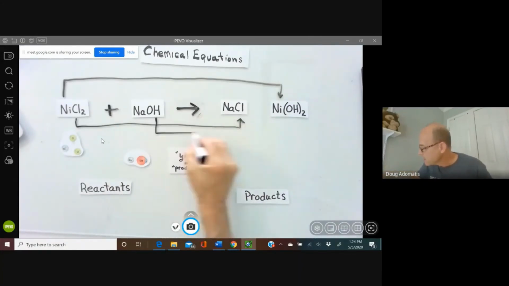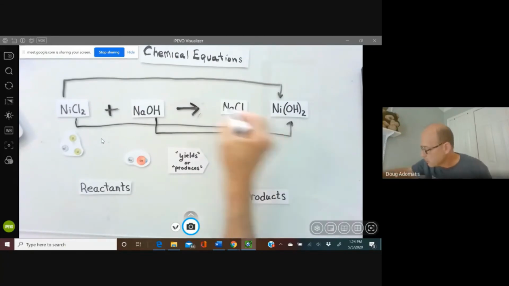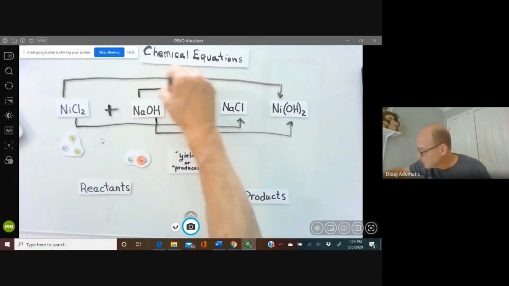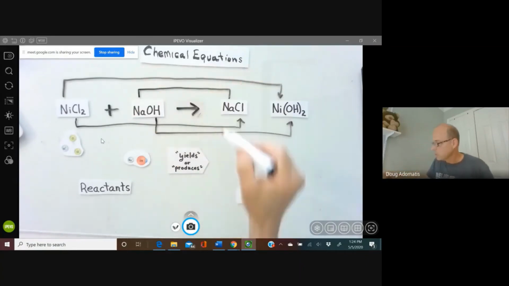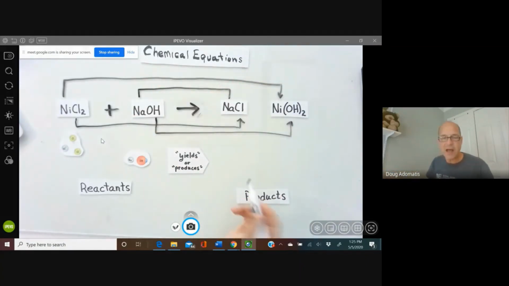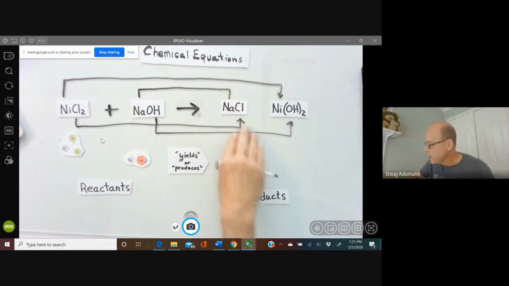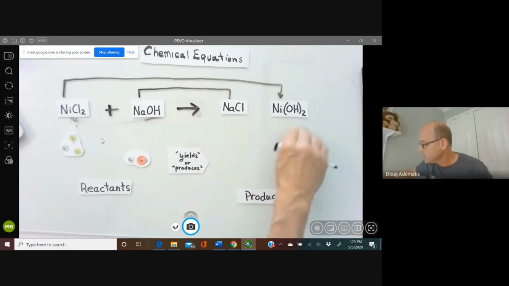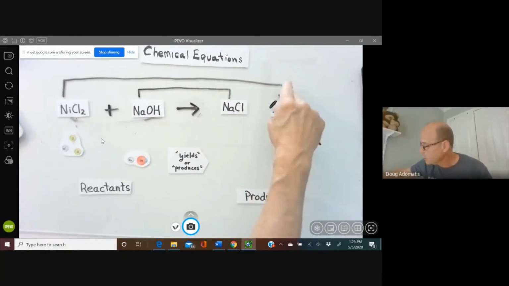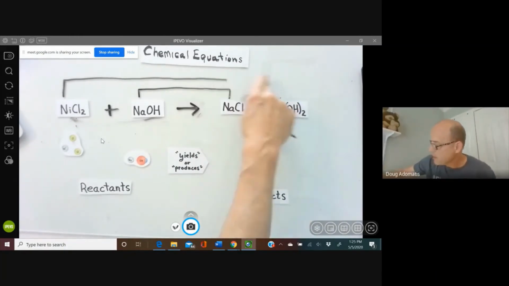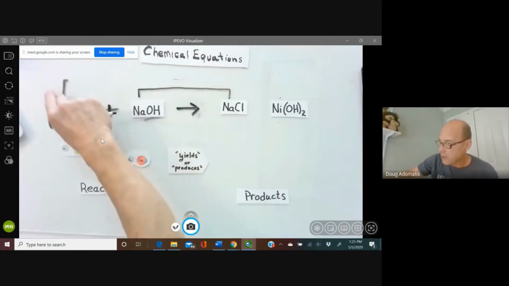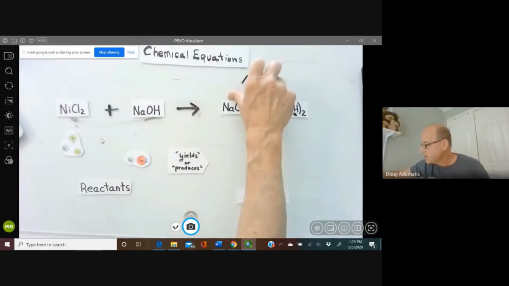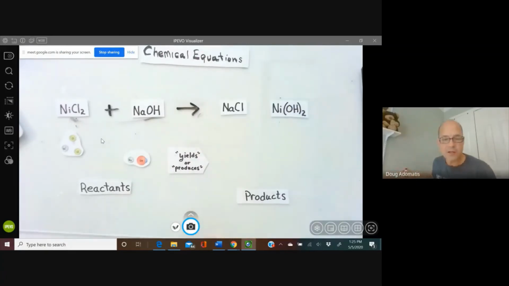And hydroxide is partnering with the nickel, and the sodium now is with the chloride. So you can see how things have kind of switched up here. But that's what happens when you have a chemical equation. It just turns out that the nickel would rather be with the hydroxide, and the sodium would rather be with the chloride. So in this particular reaction, they swap partners, if you will.